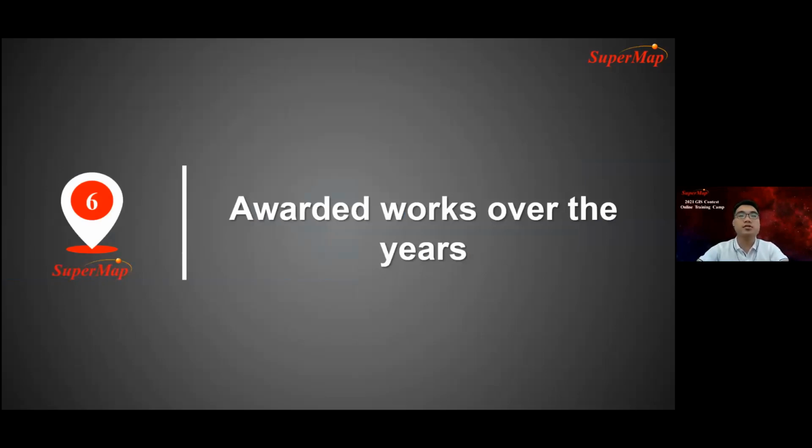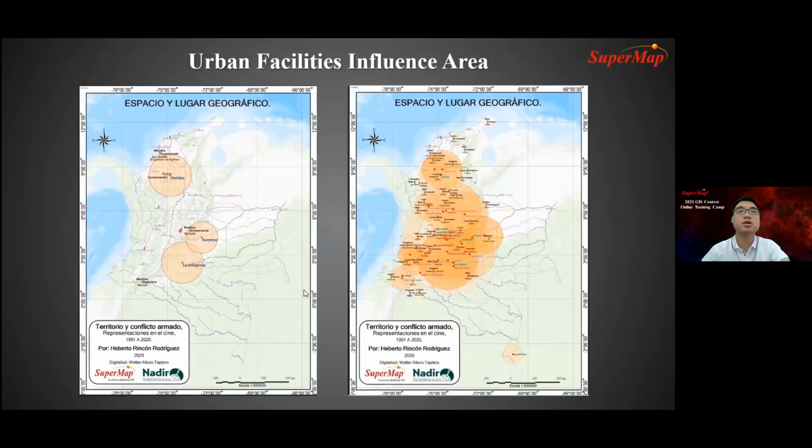And then the next part, I will show you some awarded works from over the years. Let me show you. Yeah, here, these two maps are the urban facilities for the influence area. You can see the color and also the layout have a very good effect.